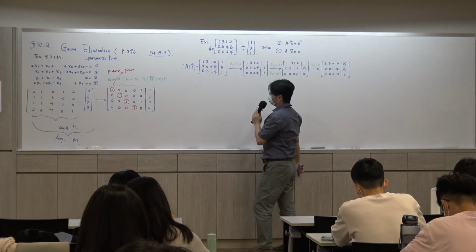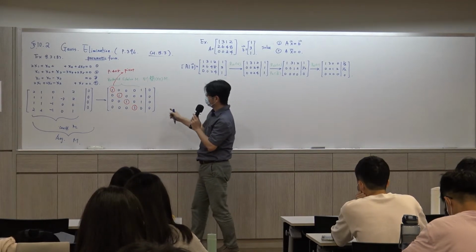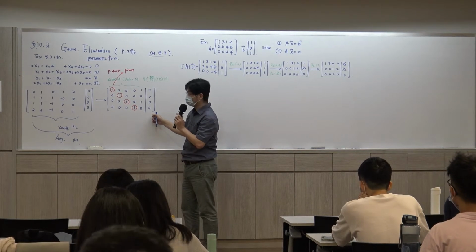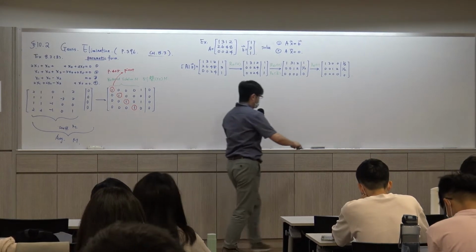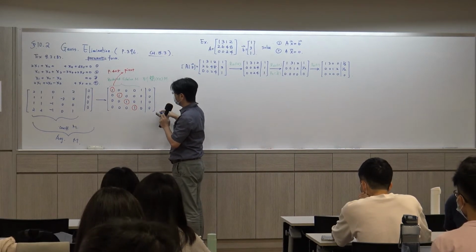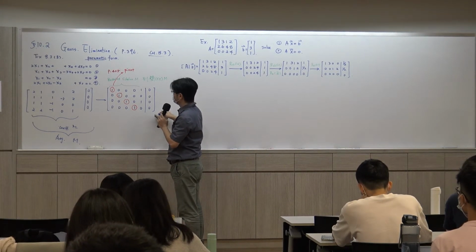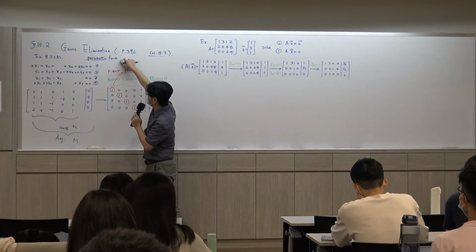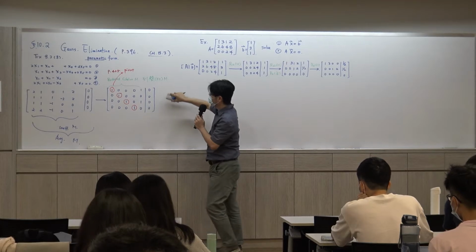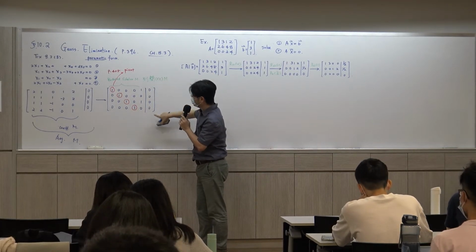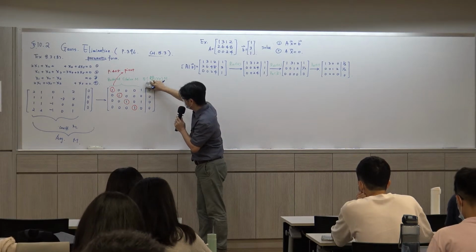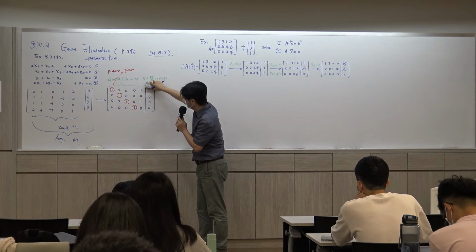So with this, we get what is called an augmented matrix. But at this point, how can we use this to describe the parametric form? So we can rewrite this matrix.